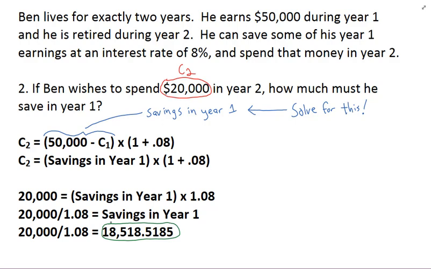He doesn't have to save more money than he wants to spend later, because he's going to earn interest on it. So it's a good idea not to just, as my old professor used to say, plug and chug, just mindlessly know a formula and put numbers in it, because if you make a mistake you won't be able to catch it. If you understand what you're doing, you'll be able to catch your mistake.